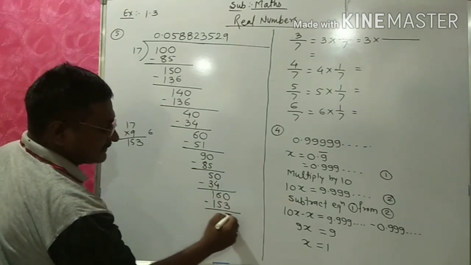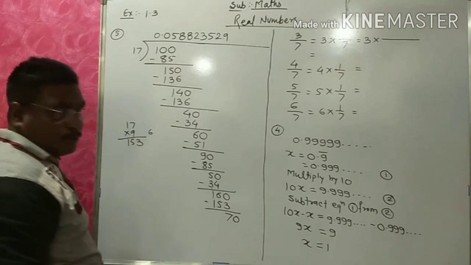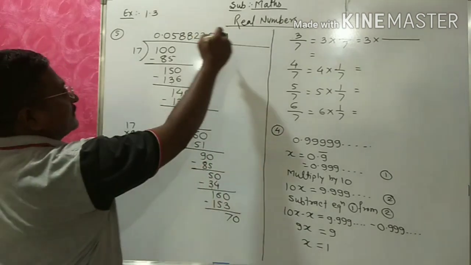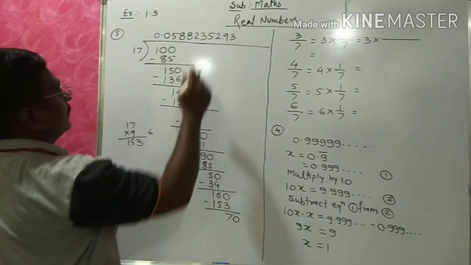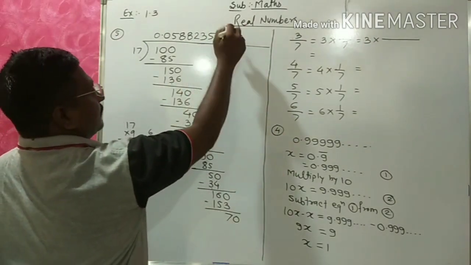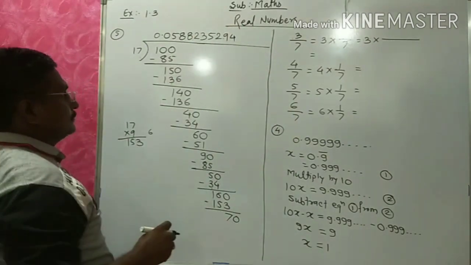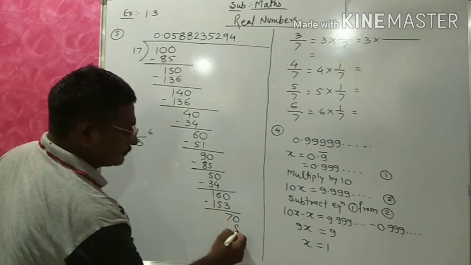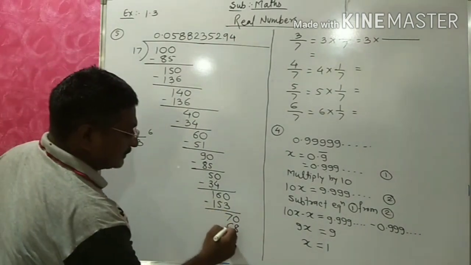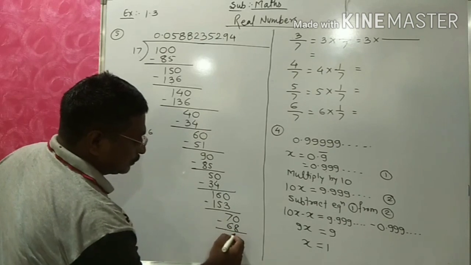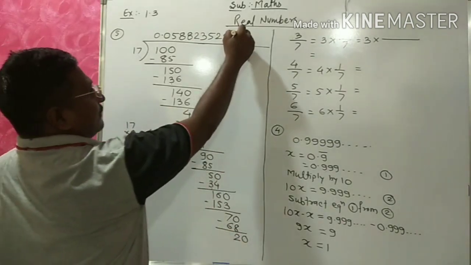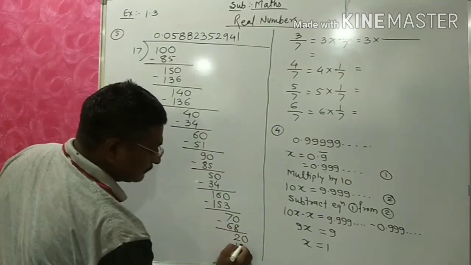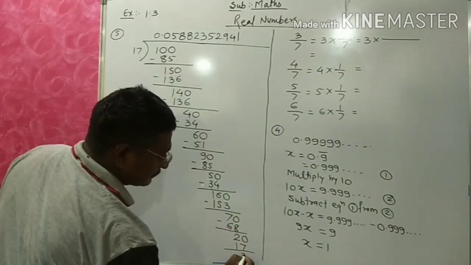So what will we get? 7, 0. Again 17 3s are... 17 4s are 68. So what will we get? 2, 0. 17 1s are... 3.